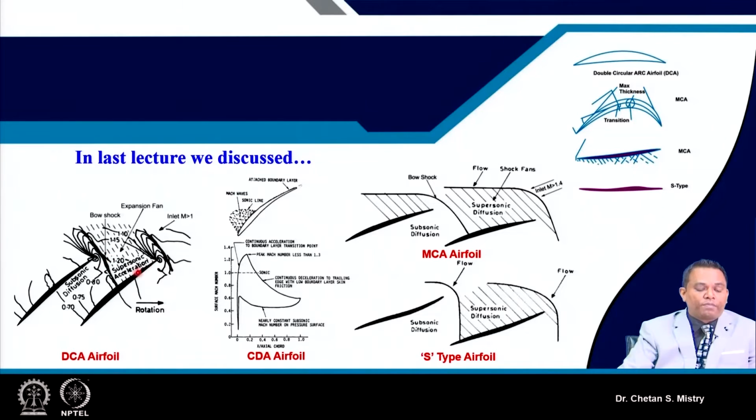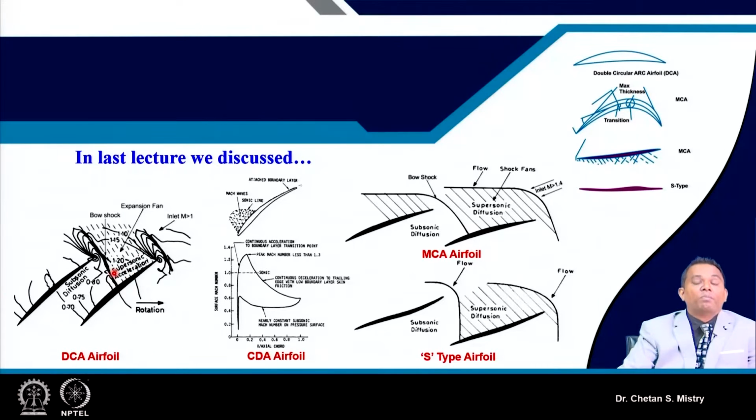Because of the curvature of the suction surface, expansion fans will be formed. When the flow reaches the passage shock, or near its location, the Mach number is nearly the same as at the entry, the entry Mach number.